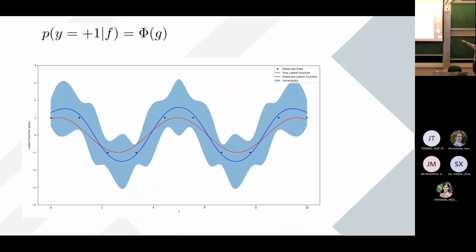You notice this time our latent function doesn't pass through the points because they're just the labels. They're not actually estimates for the latent function. And the other thing is that we still have uncertainty at the points that we've sampled because the labels themselves are uncertain. Whereas previously, when we sampled the point, we knew that was a function value f.